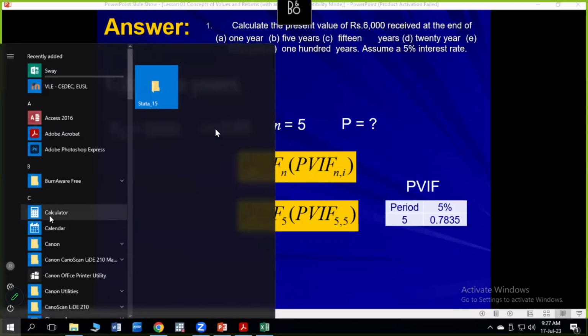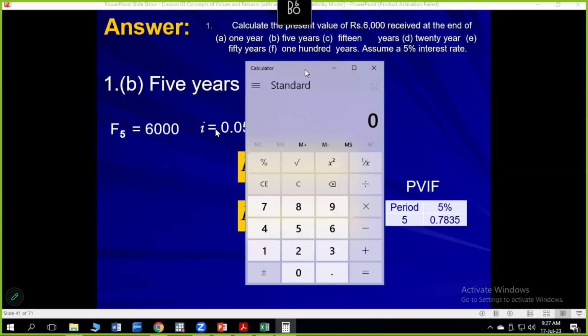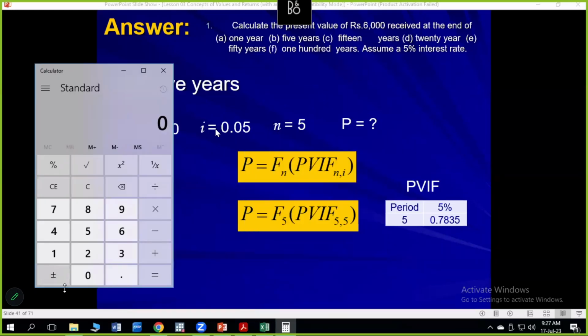Otherwise, it would be time consuming if you reconfirm, 1.05 to the power 5, 0.7835.